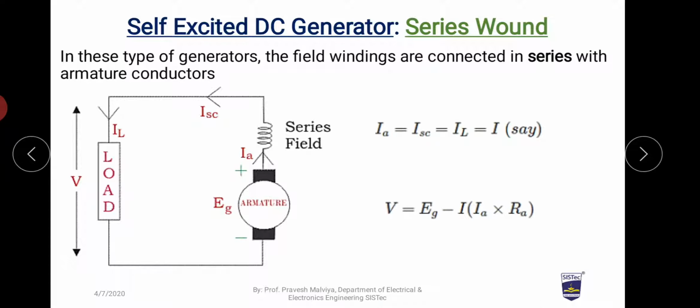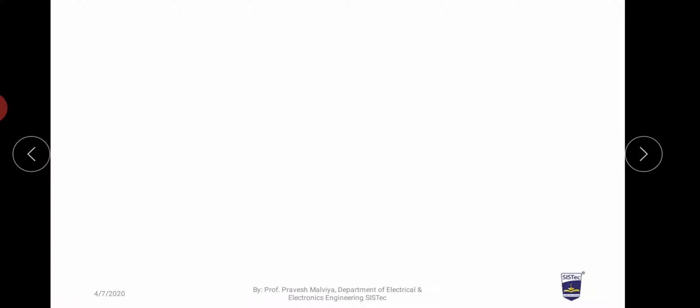So the armature current, the winding current and the load current are all equal to each other. For this, the load voltage V can be given as Eg minus IaRa, where Eg is the generated EMF, Ia is the armature current and Ra is the armature resistance.